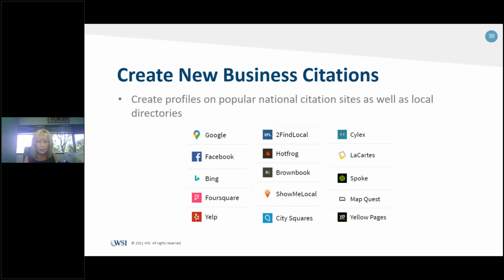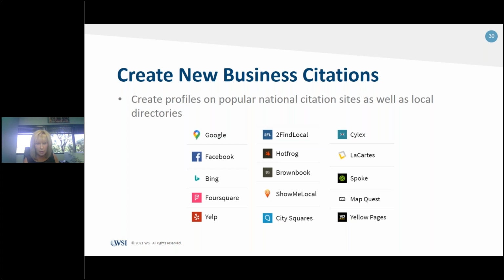After that, what's really important is to create new ones, more of them. These are some of the top popular business citations where you can set up a listing. Number one, you see there's Google. That's your Google My Business listing that we talked about. Facebook is Facebook, having a Facebook page where you put your address. Bing also has a maps listing similar to Google that you can set up.